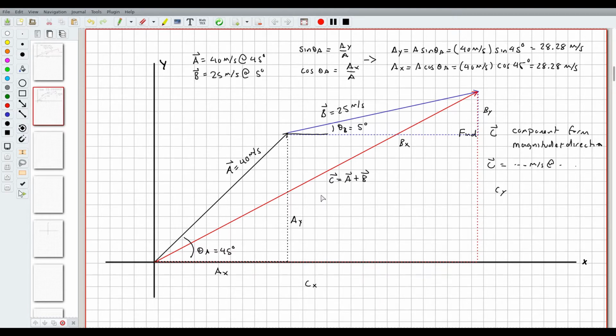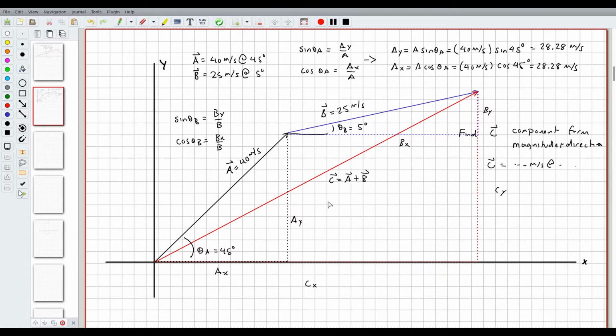Now the B part we'll do right here. Sine of theta sub B, if you look at B, the sine part is going to be this part, the y. Cosine of theta sub B is this part right here, the x part.